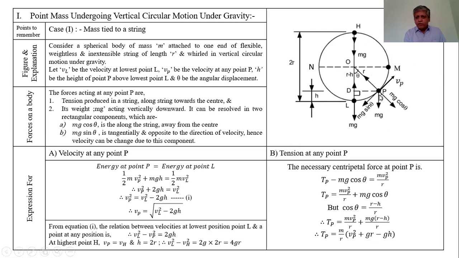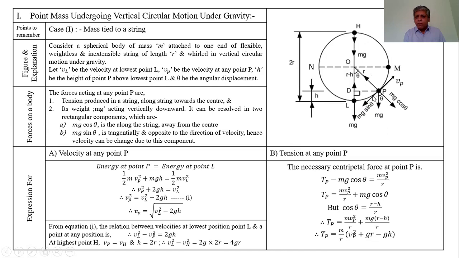This weight can be resolved into two rectangular components. One is mg cos theta, which is along the string and away from the center. Another is mg sin theta, which acts tangentially and toward the lowest position.